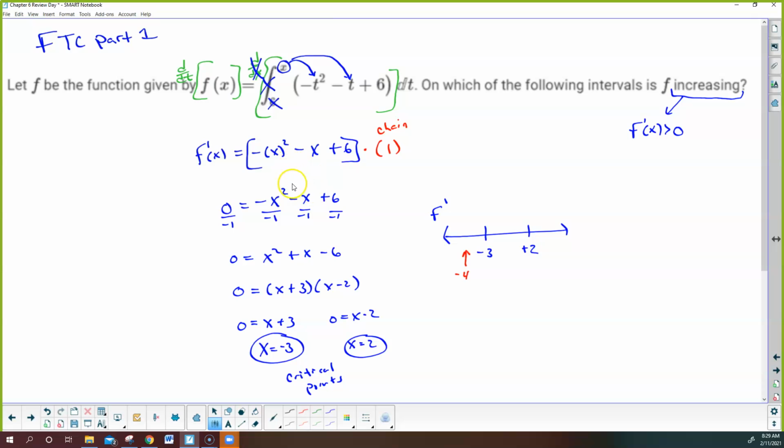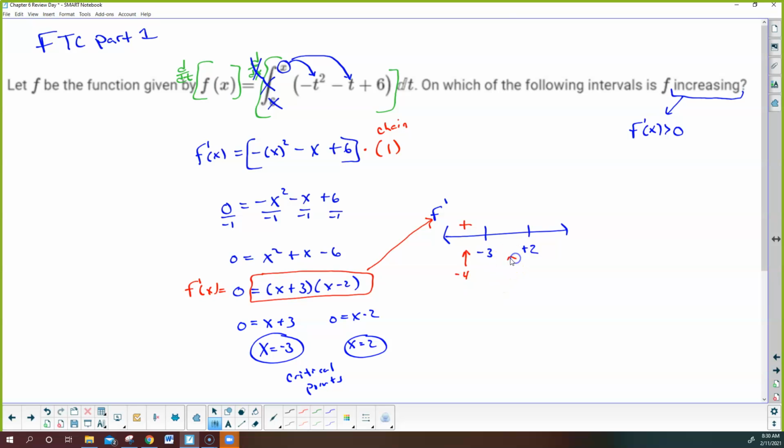And we're going to test it into the derivative. Now notice, by determining sign value, I'm going to use the factored form of the derivative, because remember, that's f prime of x, just to test. So if I plug in -4 here, I get a negative. If I plug in -4 here, I get a negative. So a negative times a negative would be positive.